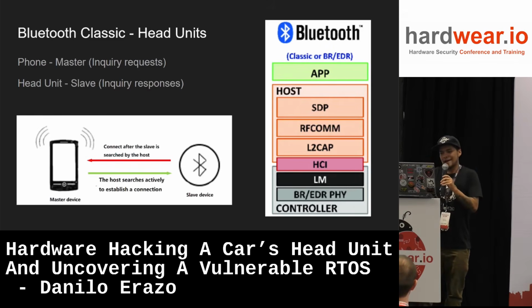On the right side we have the Bluetooth Classic stack: the controller, the host, and the application, and the HCI interface between the host and controller. In this case, the phone is the master that executes the inquiry request, and the head unit is the slave that executes the inquiry response, as you can see in this picture.